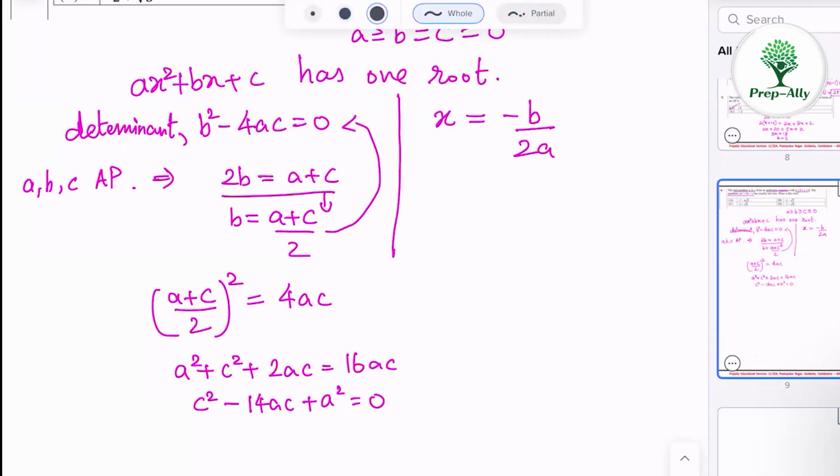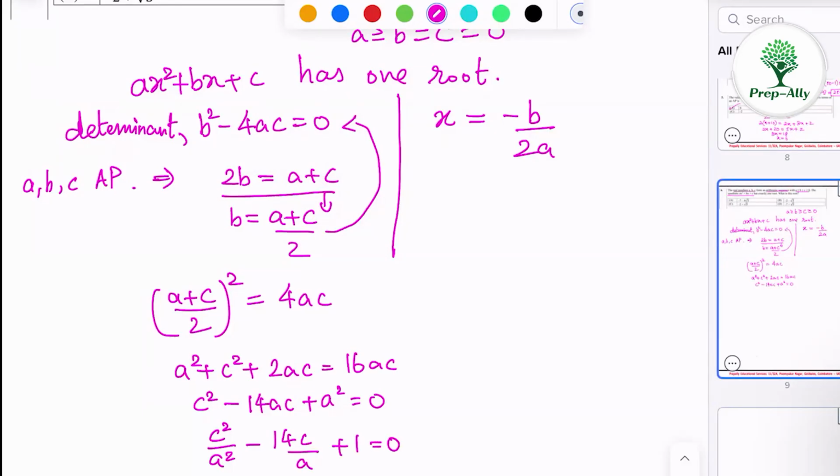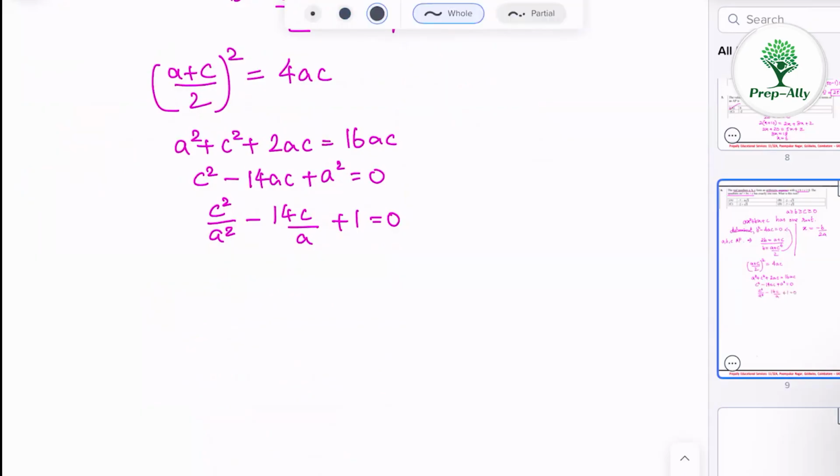Now if we divide the whole equation by a square, we get c square by a square minus 14c by a plus 1 equal to 0. Now this is a quadratic in c by a.